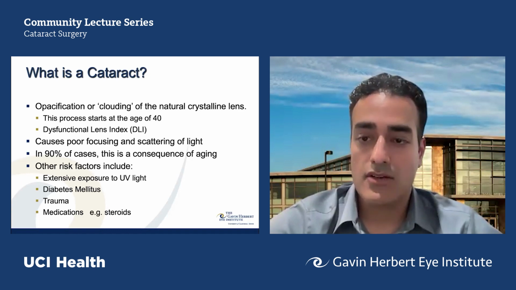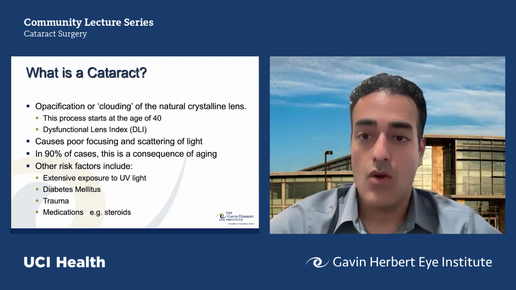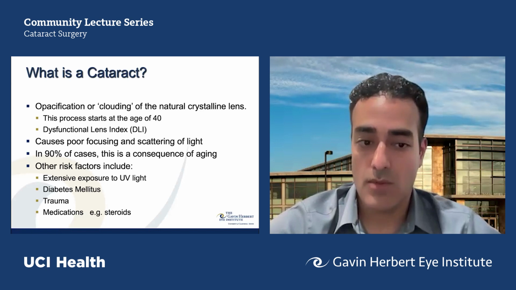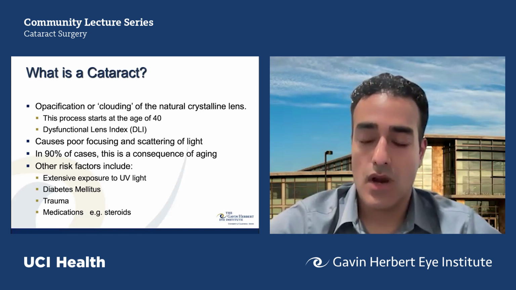But there are some risk factors in the formation of cataracts that can potentially cause these to form quicker or at a younger age. We do know that extensive exposure to UV light can cause cataracts to form quicker. Systemic conditions such as diabetes can also cause cataracts to form faster.